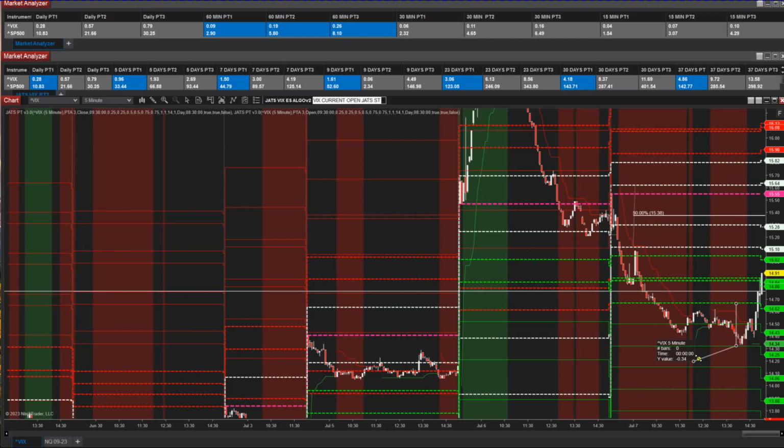So it was 0.5, half of the range going back to the mean.